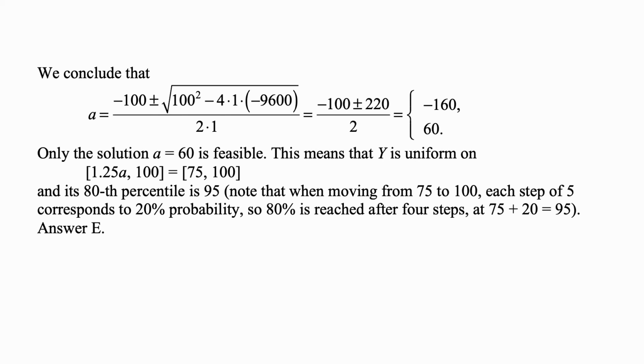This means that Y is uniform on the interval from 1.25A to 100, which is 75 to 100, and its 80th percentile is 95.